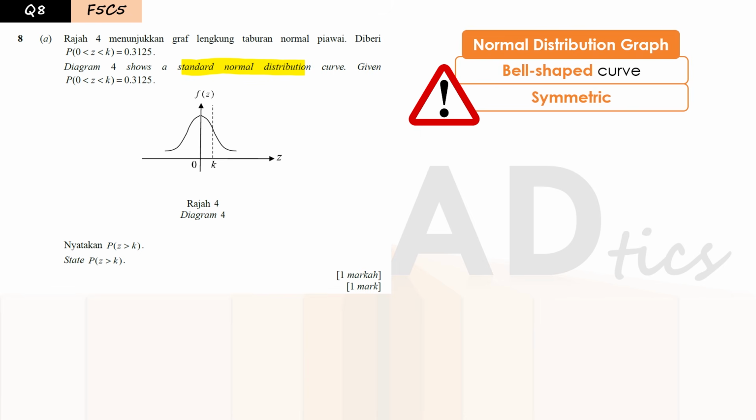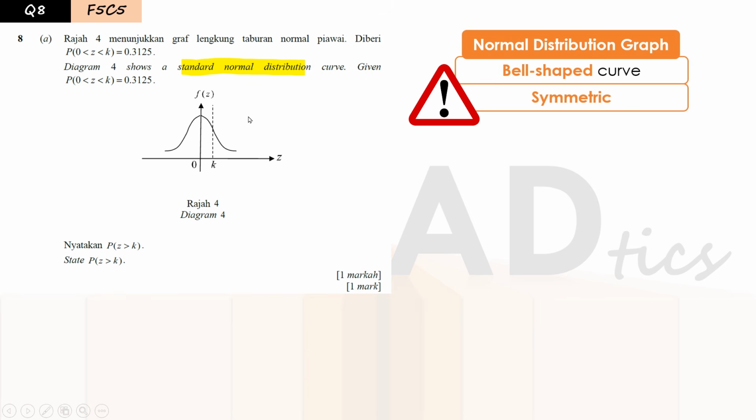So if both sides have the same shape, it means that the area under the left side of the curve here, and the area under the right side of the curve here, will have the same area.